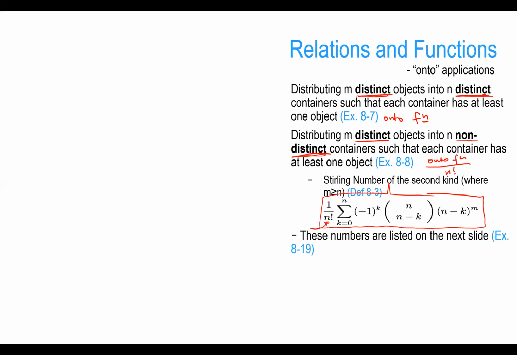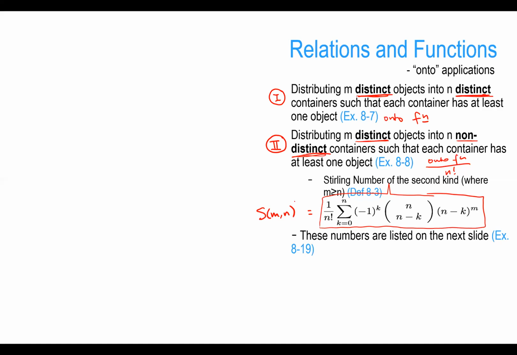So this equation, the Stirling number of the second kind, is really answering question type number 2, which is the number of ways to distribute m distinct objects into n non-distinct containers. In fact, this is such a famous number that we have a special name, S of m, n.